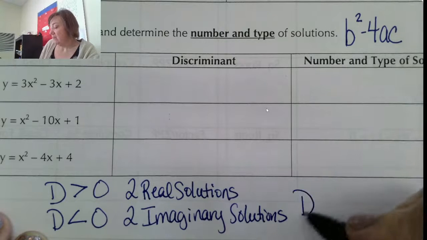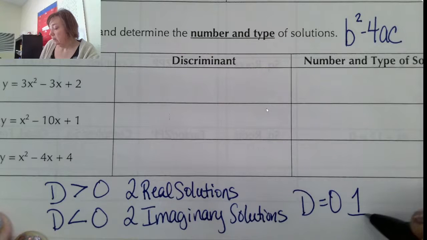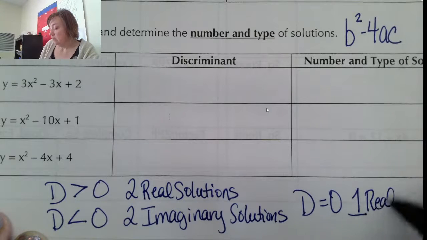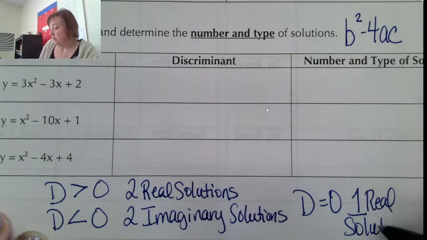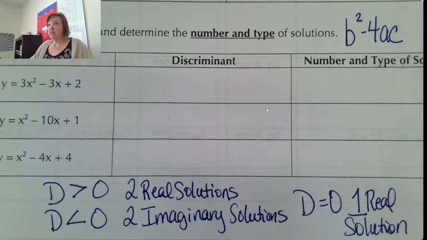If the discriminant is 0, you will only have 1 real solution. Because that means you're adding and subtracting 0, right? Because whatever's under the square root is what you add and subtract to the negative b. So if you add 0 or you subtract 0, you get the exact same thing, right?